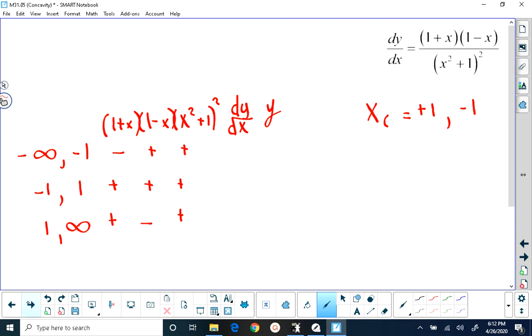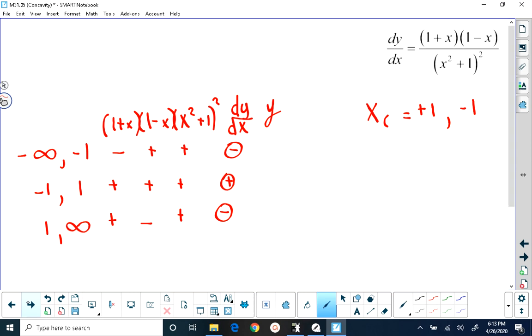So I'm just looking over my choices here, and they all look good. By the way, this third column is all positive because it's x squared plus 1, which will always be positive. When I multiply those three factors together, negative times positive is negative. Positive times positive times positive is positive. And then positive times positive is negative.